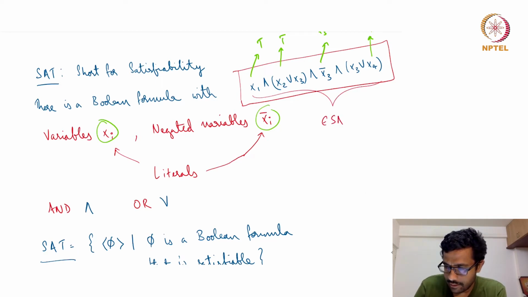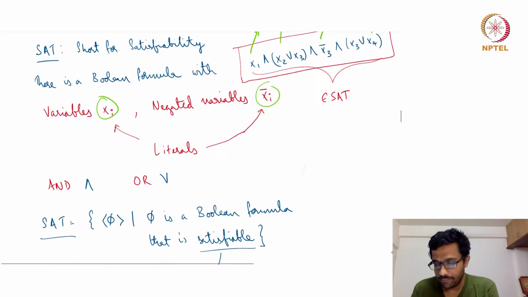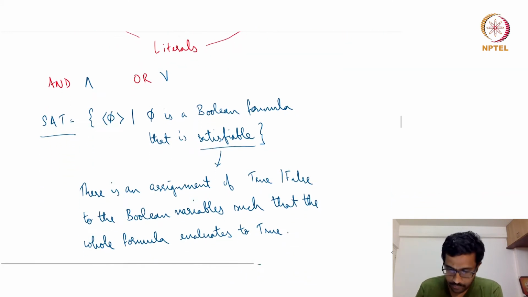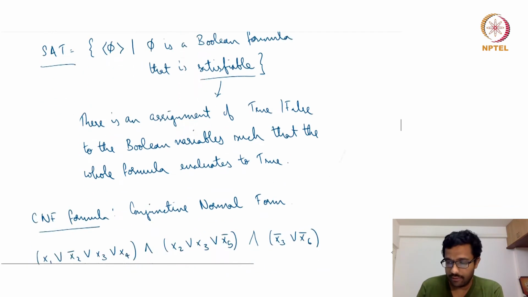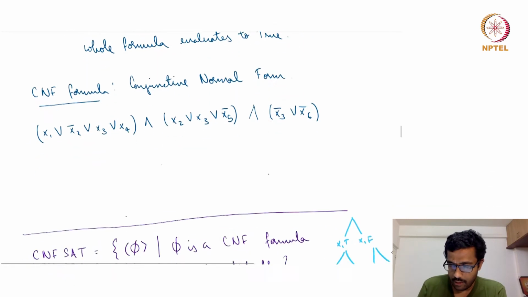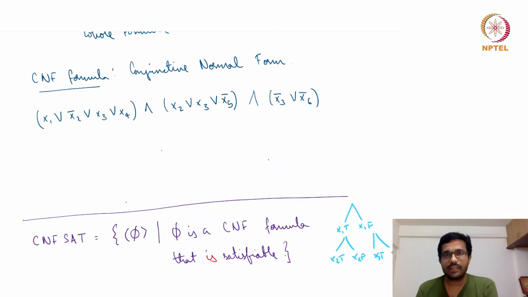It is in SAT, because we found a way of assigning true false values such that the entire formula evaluates to true. Satisfiable means there is an assignment of true false values to the Boolean variables such that the whole formula evaluates to true.